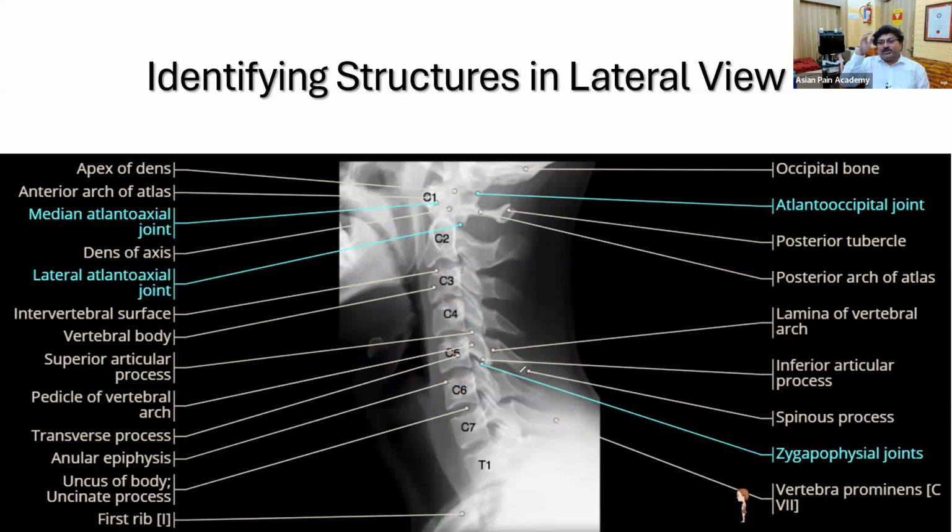Not exactly end-on because transverse processes are not exactly lateral. They remain slightly anterior as well, anterior and inferior. So you can see here, these are the transverse process and this shadow usually overlaps. So if you look from the lateral side, their shadow usually overlaps within the shadow of the vertebral body.